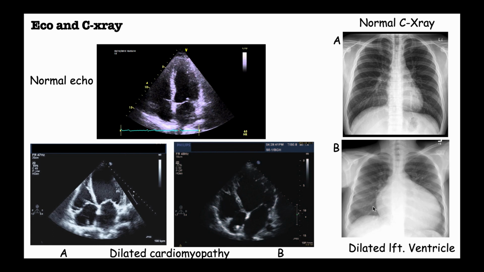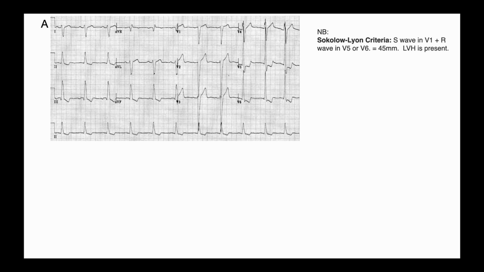And you can see that the lung markings are becoming more visible, and they are getting infiltrated with fluid, as may be seen in heart failure. And so this may indicate a dilated cardiomyopathy.